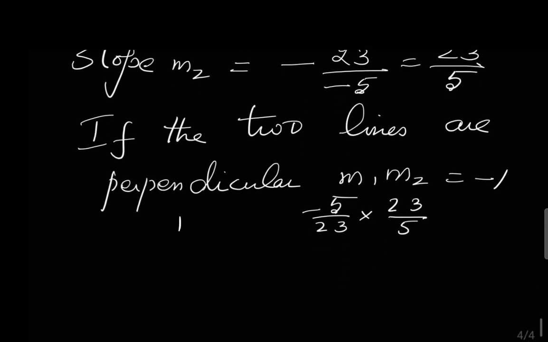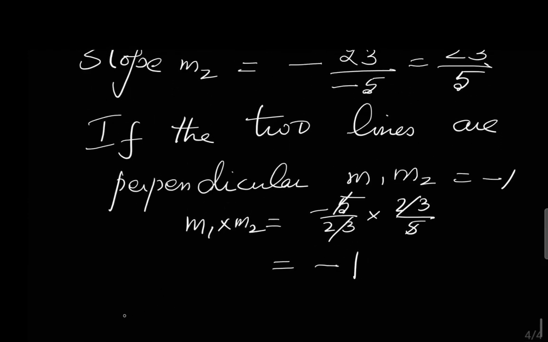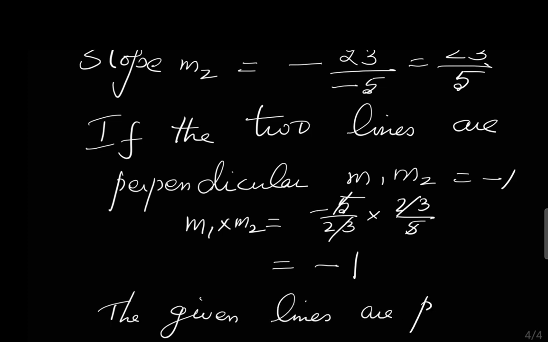So just see here m1 into m2. Here 23 cancels, 5 cancels, both the numbers get cancelled, so minus 1. So product of the slopes is minus 1. So the given lines are perpendicular.